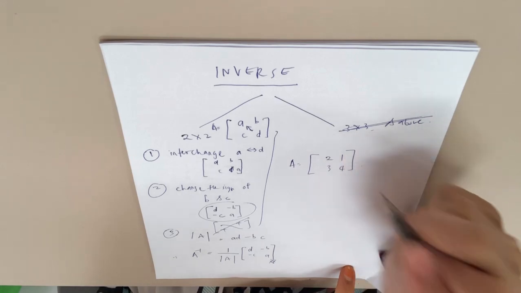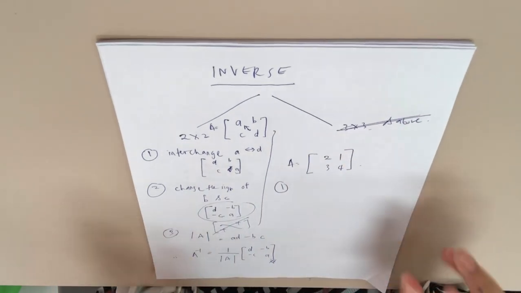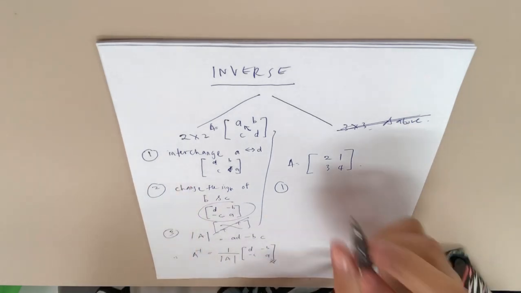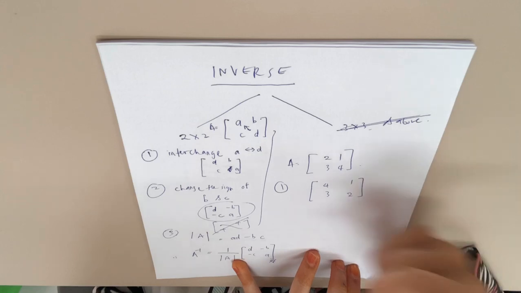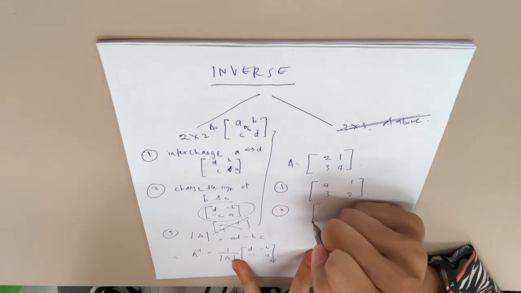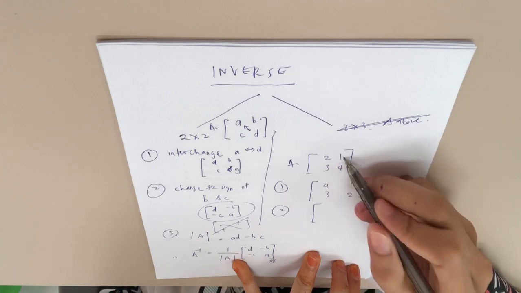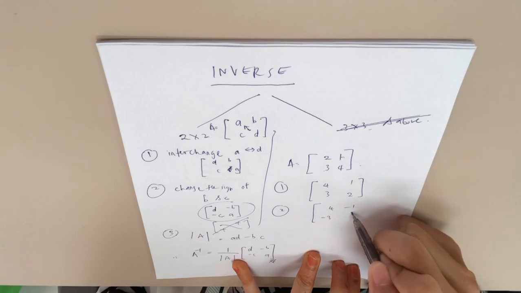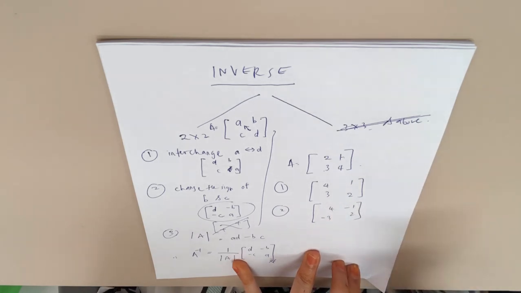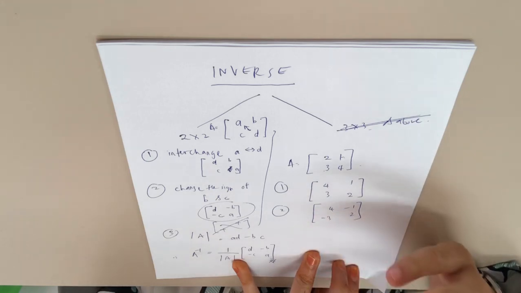The first step is to interchange A and D, so it becomes 4, 2, 1, 3. After that, change the sign. The signs of B and C are positive, so they become negative. That's all, just flipped.